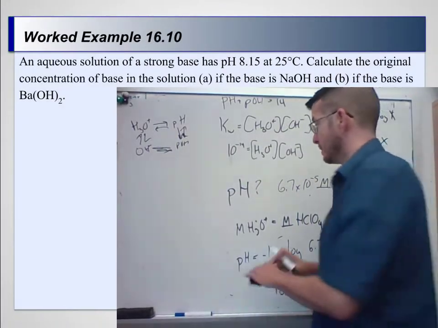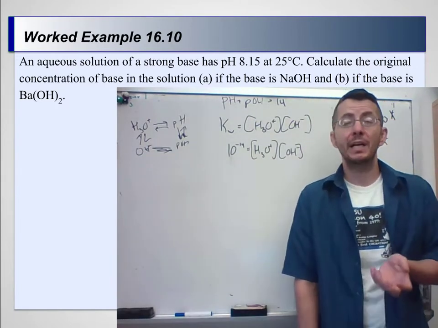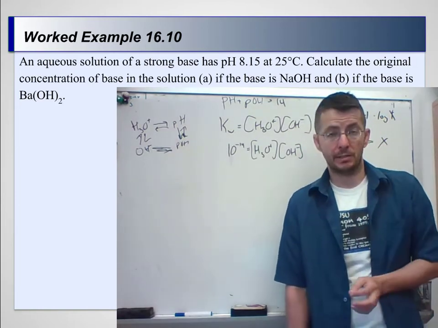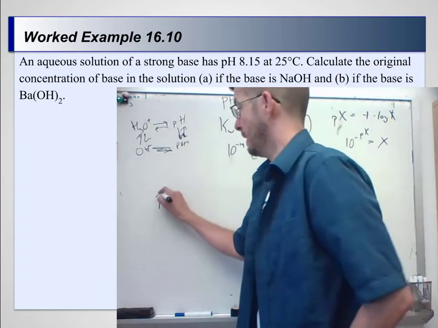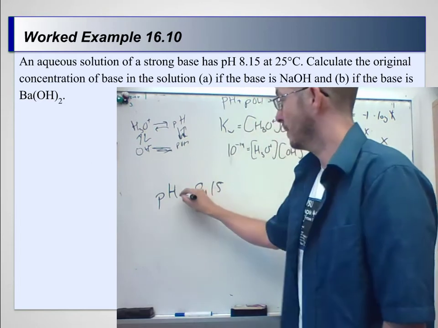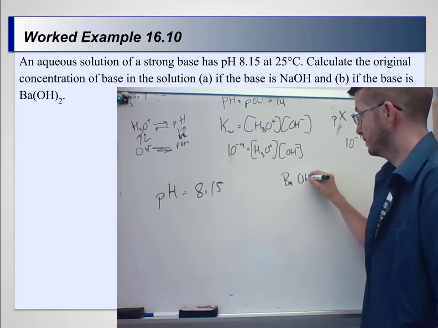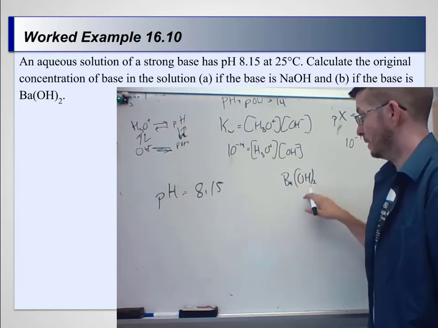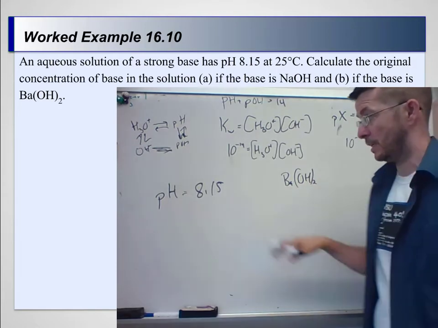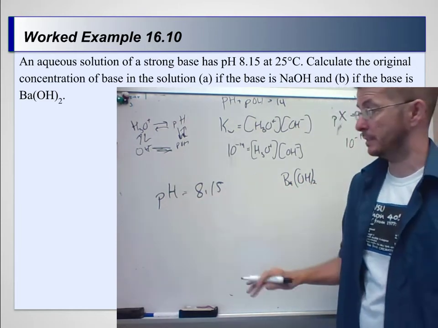Base solutions are not much different, except that we use pH, but we're not looking for H3O+, we're looking for OH-. So let's talk about this pH 8.15 solution. And they want to know how to make it with barium hydroxide. Again, for every 1 mole of barium hydroxide, that releases 2 moles of hydroxide ion. The pH doesn't have anything to do with hydroxide; pH has to do with hydronium ion.